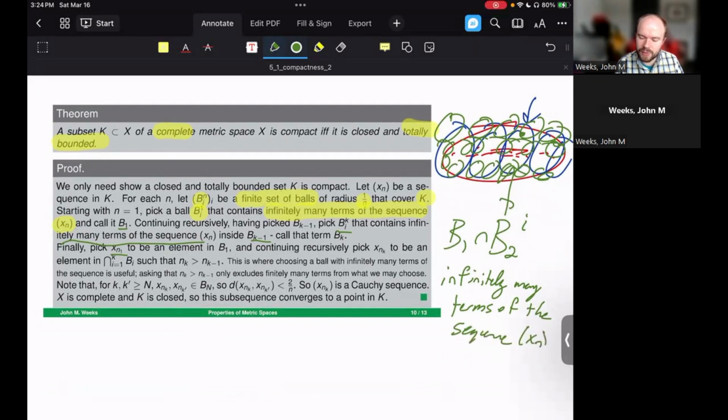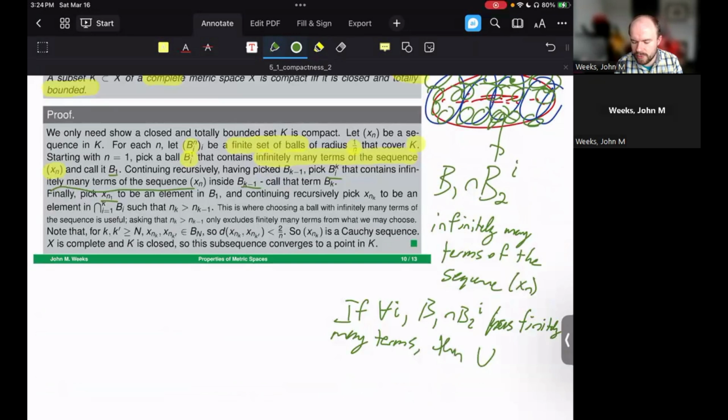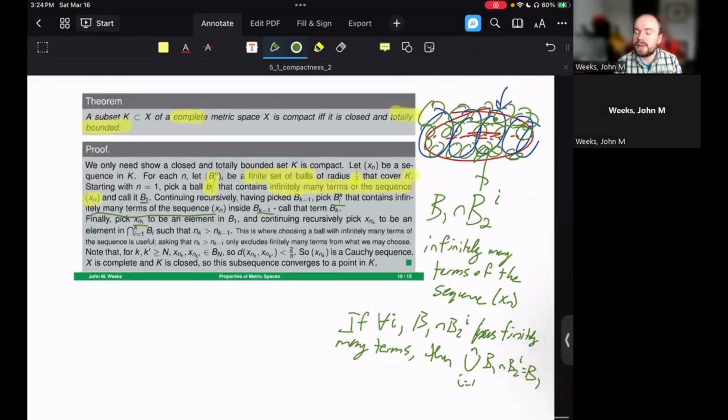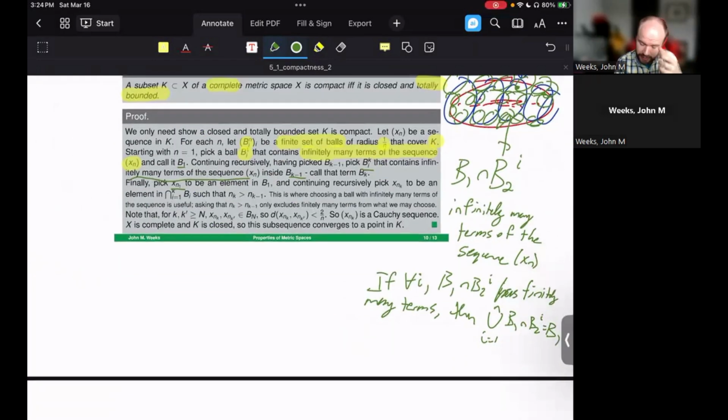And again, the reason is if for all i, B sub 1 intersected with B2i has finitely many terms, then since the union over i of these B1 intersect B2i is equal to B1, because this covers the entire space X, it also covers B1.